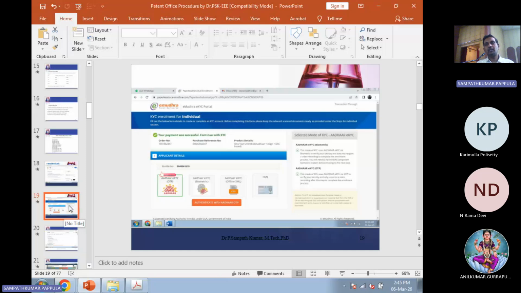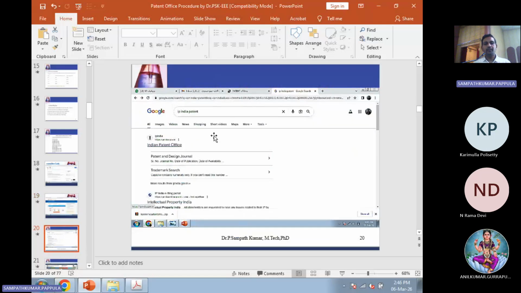If there are 10 applicants, a minimum of one applicant is required to get this e-mudra. Without the e-mudra, it is not possible to apply for the patent. Okay. So 10 members having the e-mudra is no use at all. One is sufficient. The applicant must have the e-mudra, at least one person.